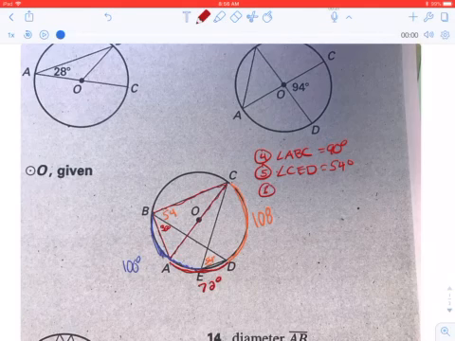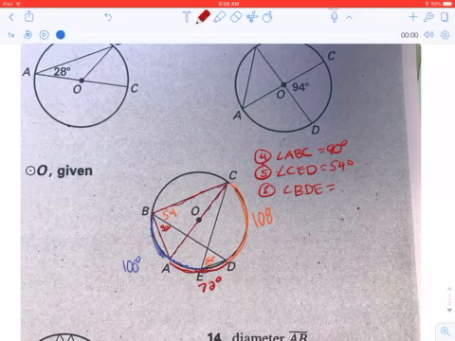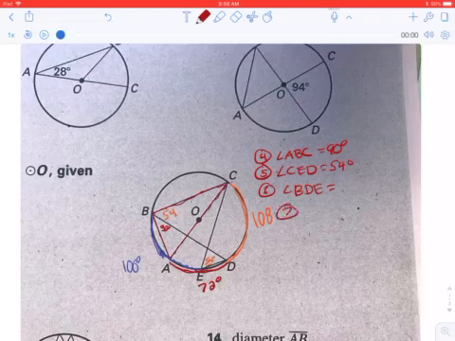Problem 6 says solve for angle BDE. Let's see here, this one here is 54. We will work towards BDE towards the end.